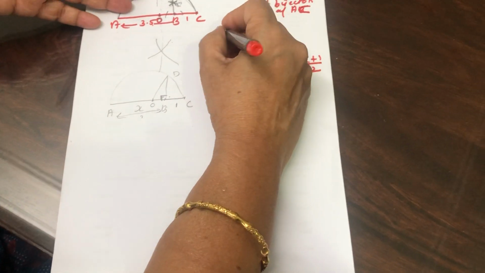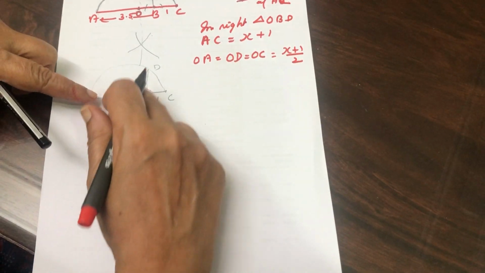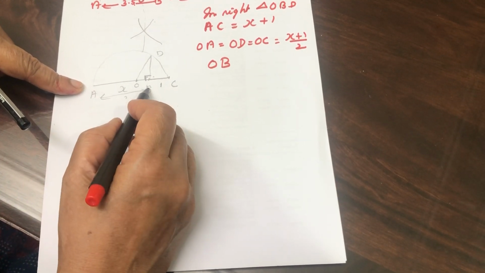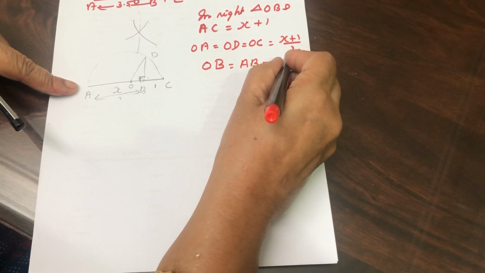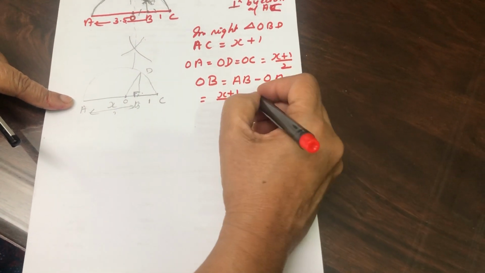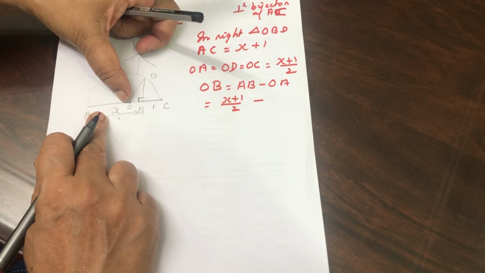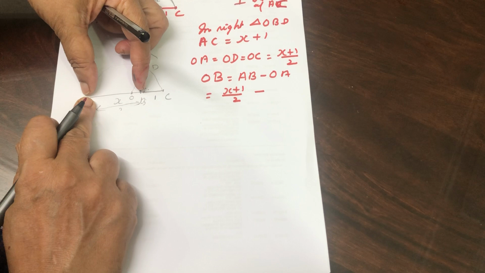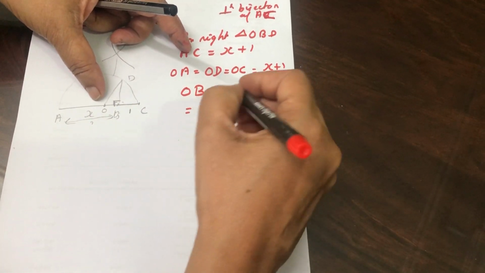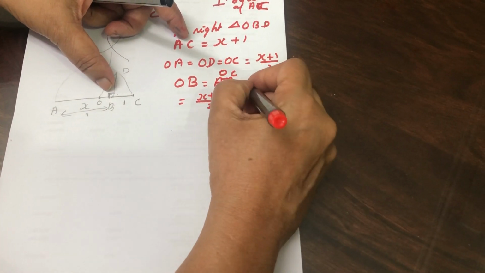So in right triangle OBD, OA has become (x plus 1) by 2. Now you need to find OB.